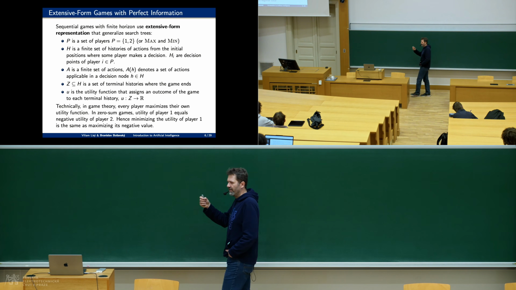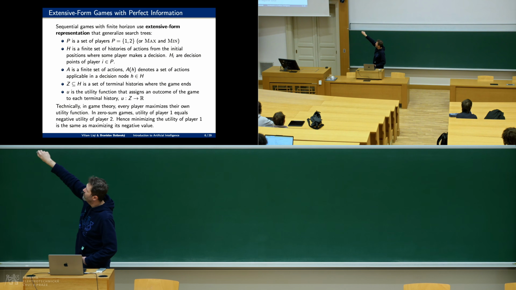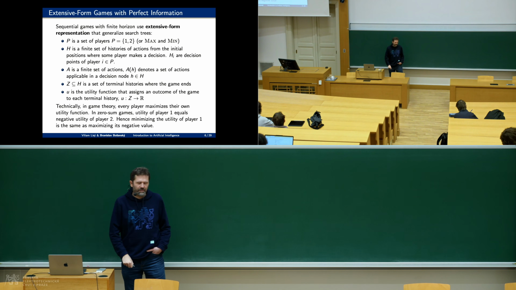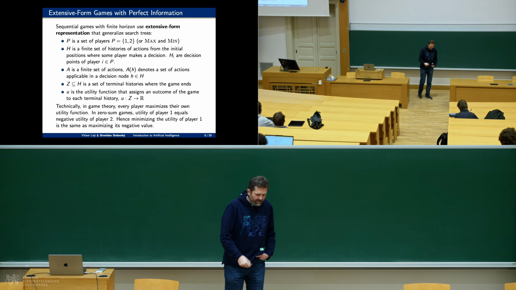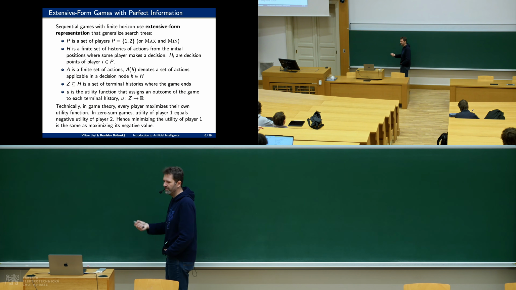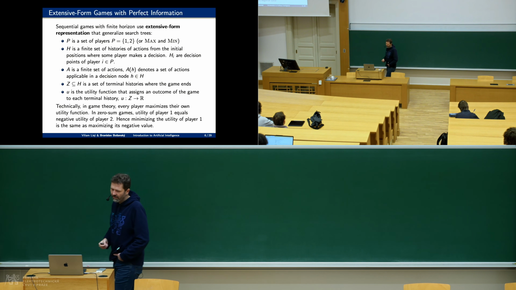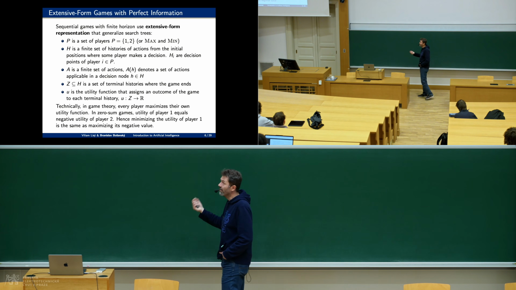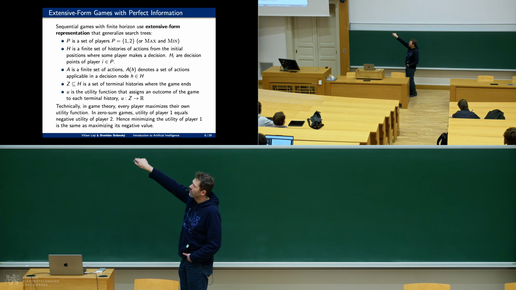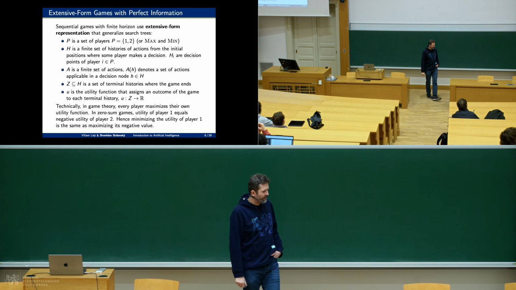So we can have two utility functions, one for player 1, and the second utility function can be minus the first utility function. What that means is that if we take the sum of these two utility values in every leaf, the sum will be 0, hence the name zero-sum games. And if the utility function of the second player is the negative of the utility function of the first player, then minimizing the utility of player 1 is actually the same thing as maximizing the utility value of player 2.